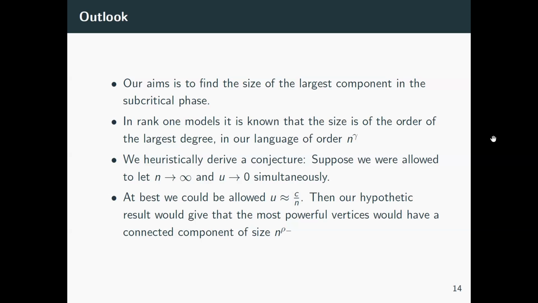And then you could, in this hypothetical theorem, look at the size of the connected component of the vertex with label number 1. And this would yield that the connected component which contains vertex number 1 is very likely to be the biggest subcritical component. And this would yield our hypothesis that the largest subcritical component is actually of size n to the rho minus, where rho minus is the constant I derived earlier, which is bigger than gamma.